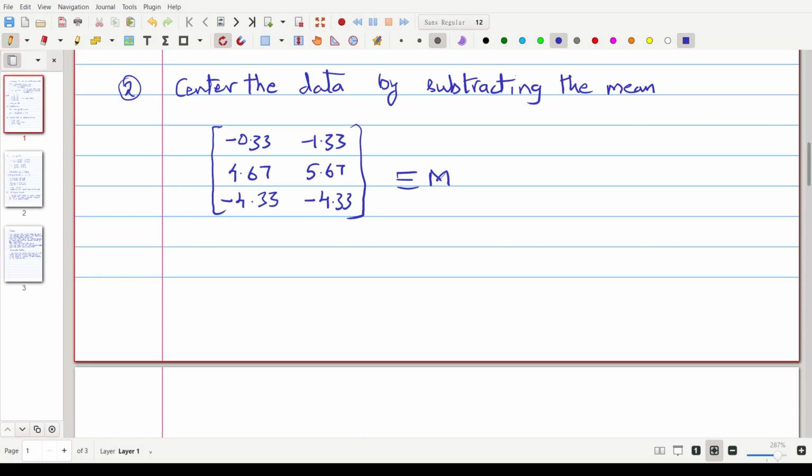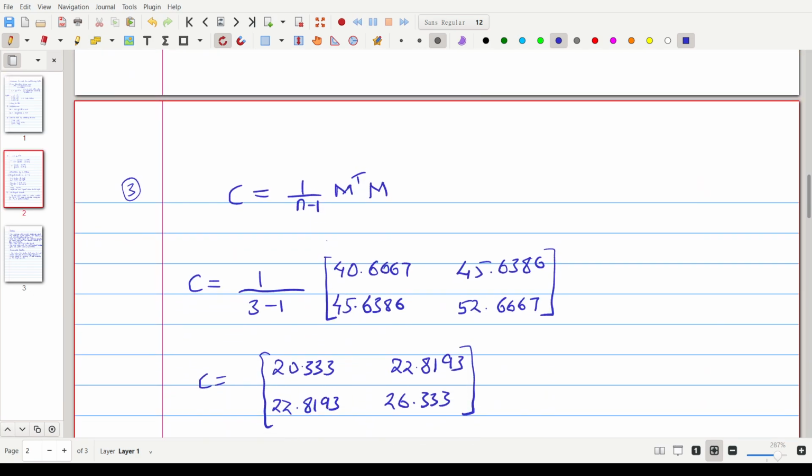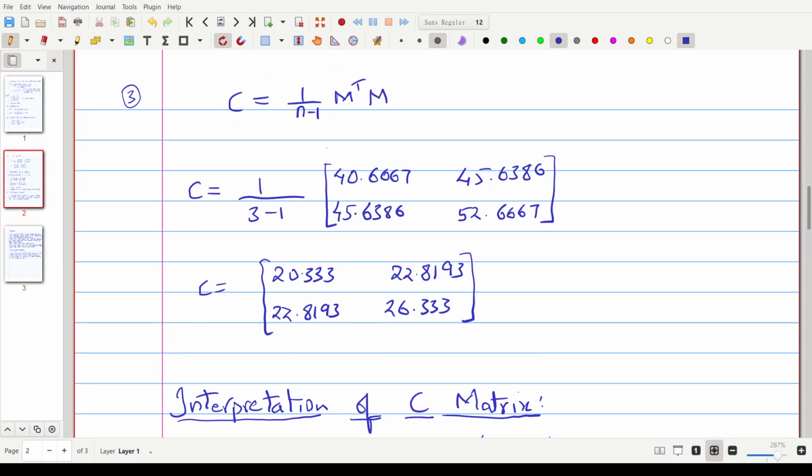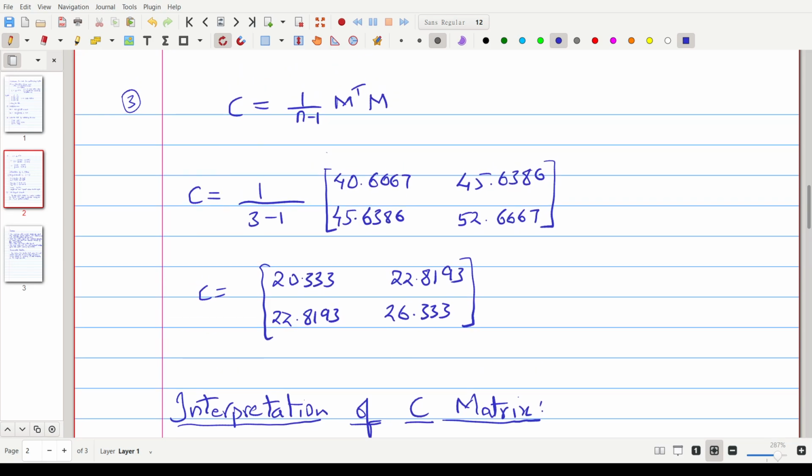This is after subtracting the mean of the respective feature. And now we see what the correlation matrix C is.